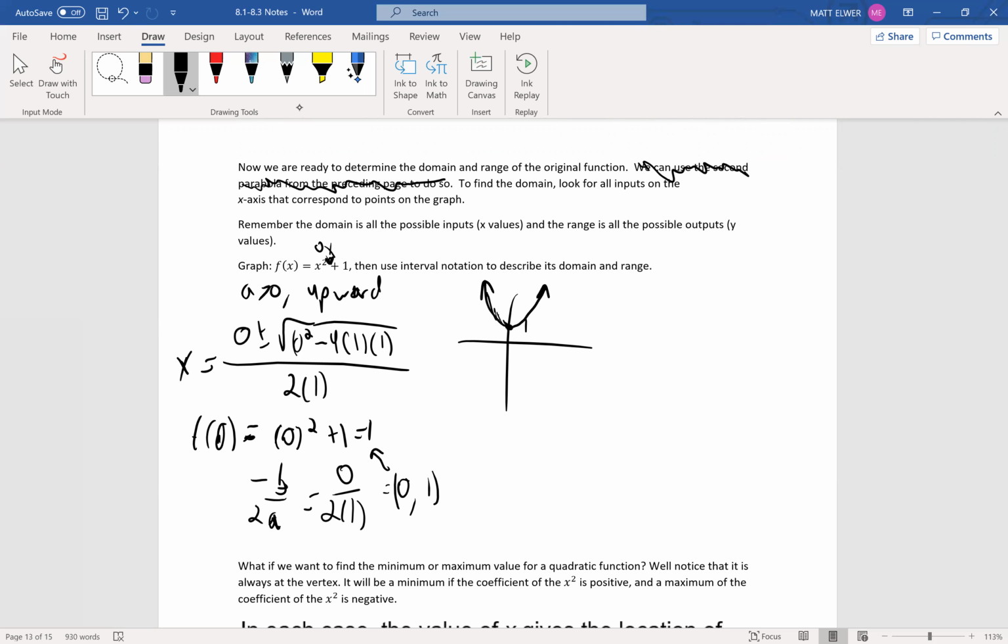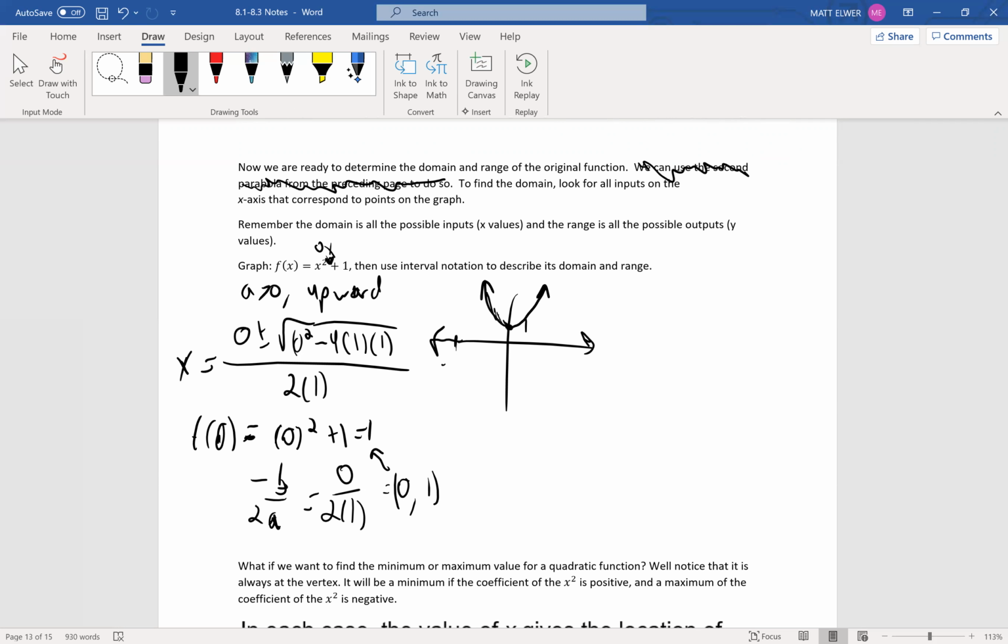So the question is, what's the domain and range? If I wanted to find the domain of this, what I can do is look at all the possible x values that I can choose. So the question is, where can I choose an x value, or where can I not choose an x value? Well, the thing is, these arrows go out to infinity. So if I pick an x value here, or maybe a negative x value, I'm going to get some value up here on this parabola.